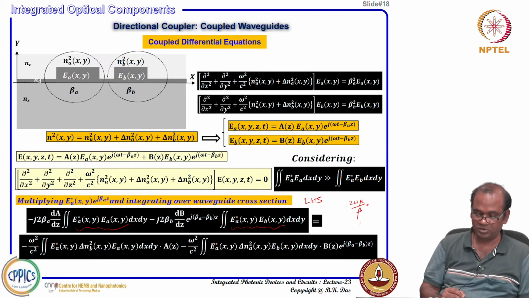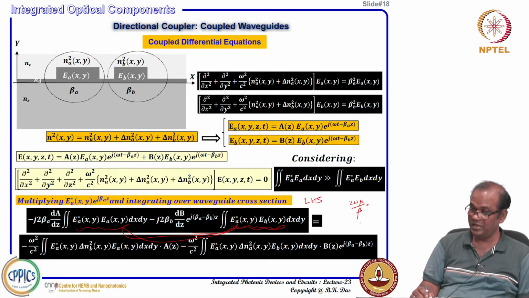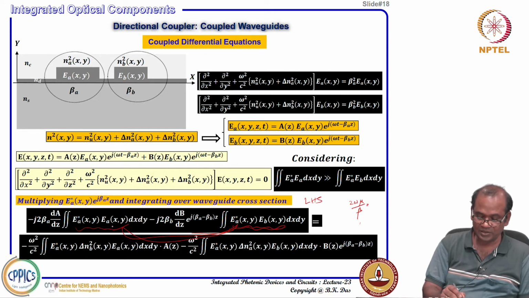But in the other term, E_a(x, y) is the profile of waveguide A and E_b the profile of waveguide B. This is non-zero, no doubt about it, but compare: in the majority region where E_b is there, E_a is 0, and where E_a is there, E_b is 0.